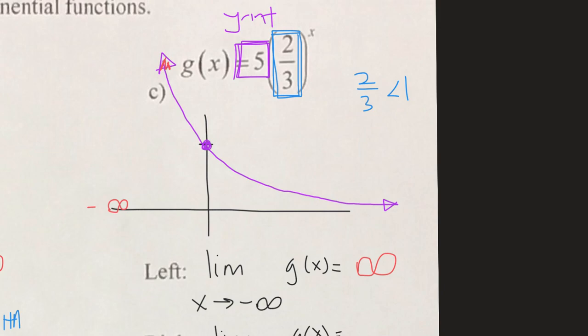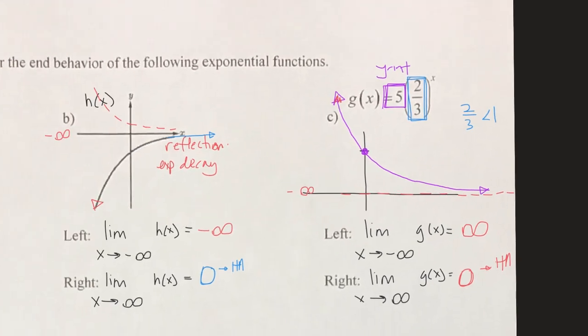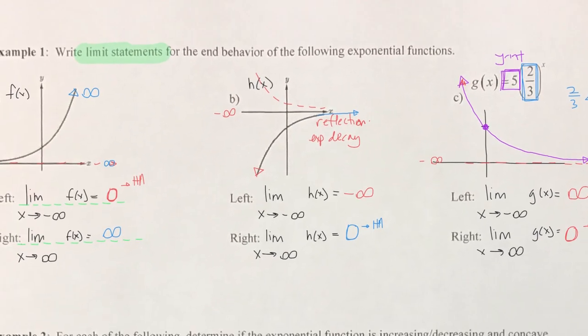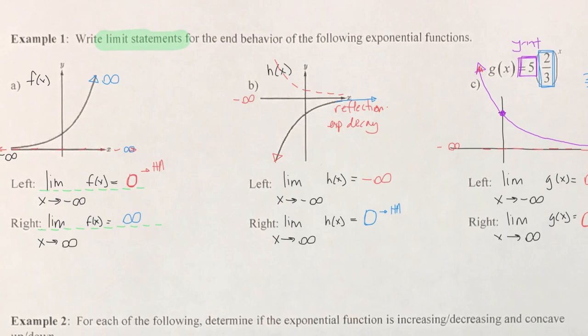It's up to infinity on the left and down to 0 on the right, because 0 is your horizontal asymptote, right? Because our graph has not been vertically shifted, we have a horizontal asymptote through 0, and your exponentials will never cross, but will always try to get there. Okay, so those are your two things. We either have infinities as your answer, or we have the horizontal asymptote, wherever that may be.